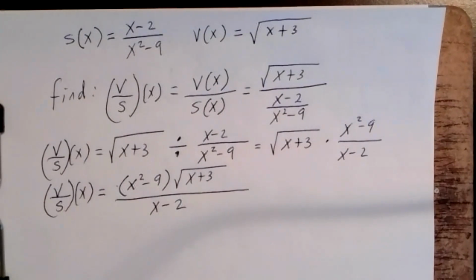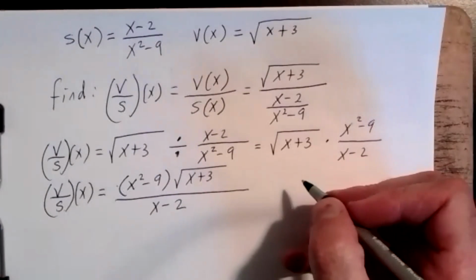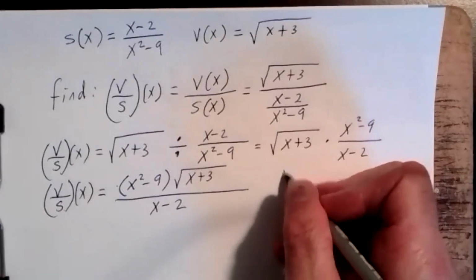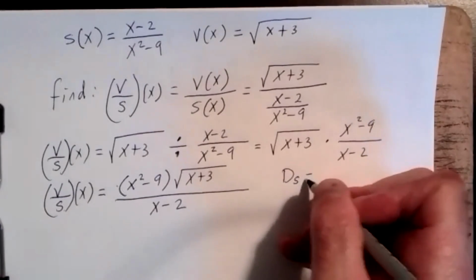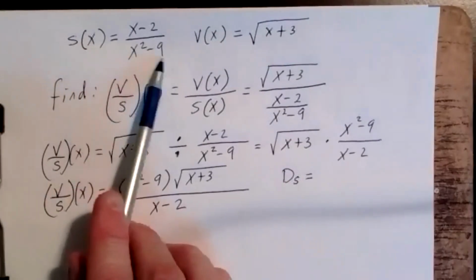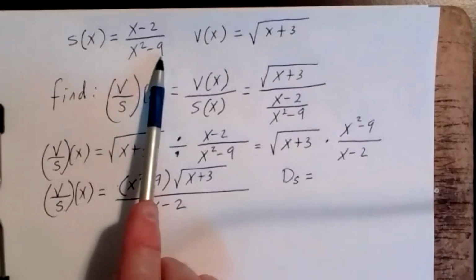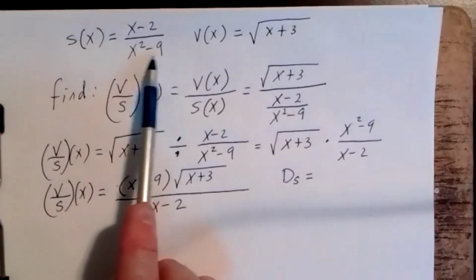And what would be the domain of this brand new quotient function v divided by s of x? Well, to determine that, we're going to need to know the domain of the individual functions. So what was the domain of function s? Being a rational function, we have to make sure that function s of x never has a division by 0.